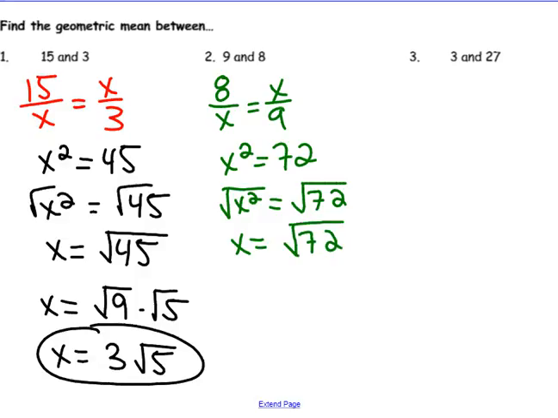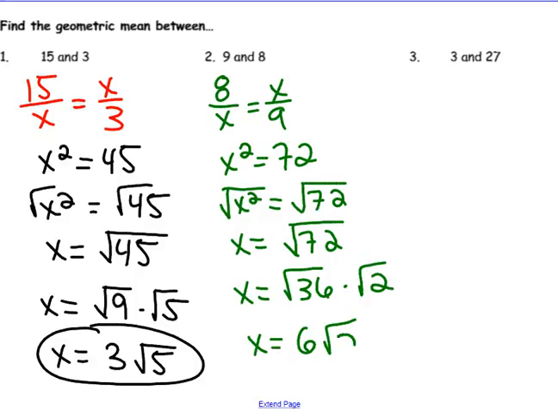And that can definitely be reduced. Now the idea is you want to try to find the largest perfect square that is divisible into that number. So let's do X equals the square root of 36 times the square root of 2. So we get X equals 6 radical 2. So that's your final answer for number 2. That's the geometric mean between 9 and 8.